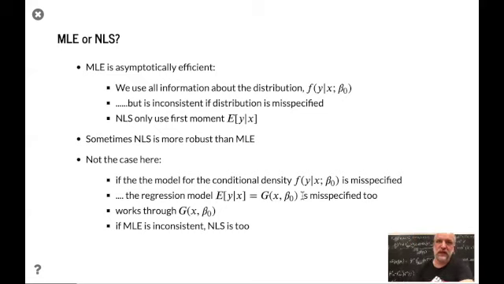So it doesn't really help you to do nonlinear least squares in this case, okay? The problem really works through the model for the conditional density. So if, for instance, you choose some linear function here and that is by no means a linear function, both the regression model is going to be misspecified and the model we're trying to estimate with maximum likelihood is going to produce inconsistent estimates. So if MLE is inconsistent, nonlinear least squares is inconsistent too.